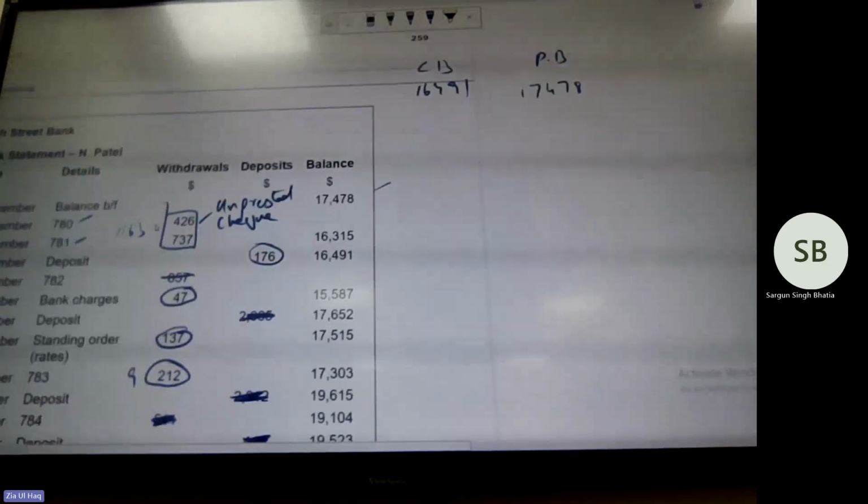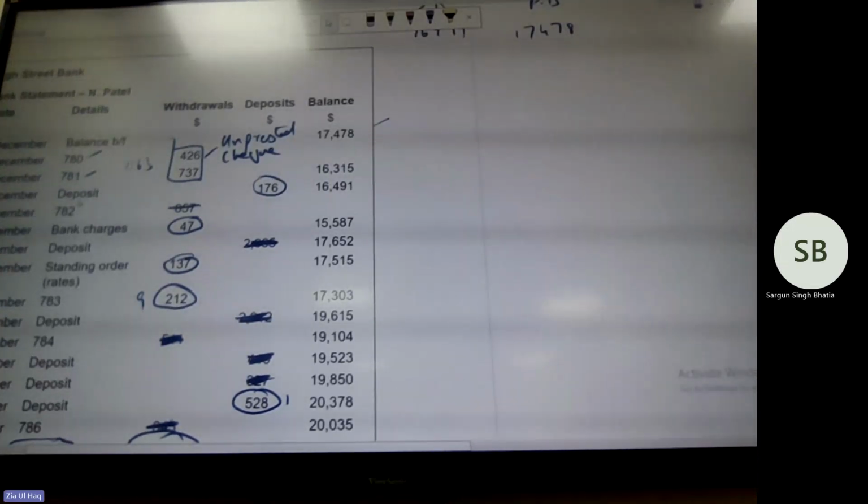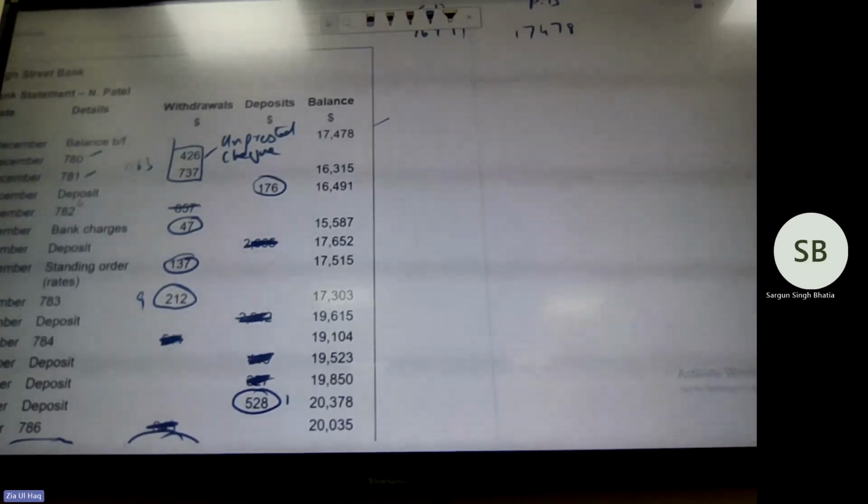There is one more balance in the passbook, 176 deposits. These could be that a customer has deposited into our bank account, or we deposited the check to the bank but it was not cleared in the previous month, because the bank normally takes 2 to 5 days to clear a check from another bank.